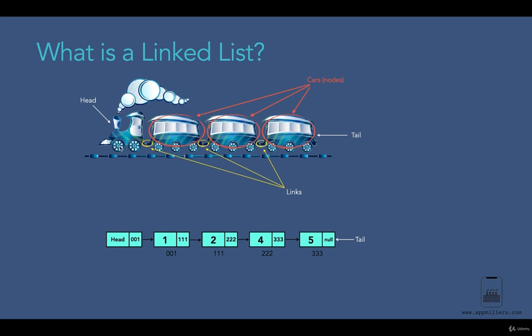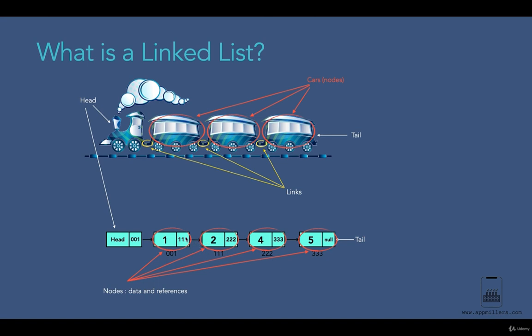So in the case of a train, we have a head, and in the case of a linked list, we also have a head. In the case of a train, the engine is the head, and in the case of a linked list, the first element is the head of the linked list. And the next property is we have cars in trains which carry passengers, and in a linked list we have nodes, and in nodes we have values.